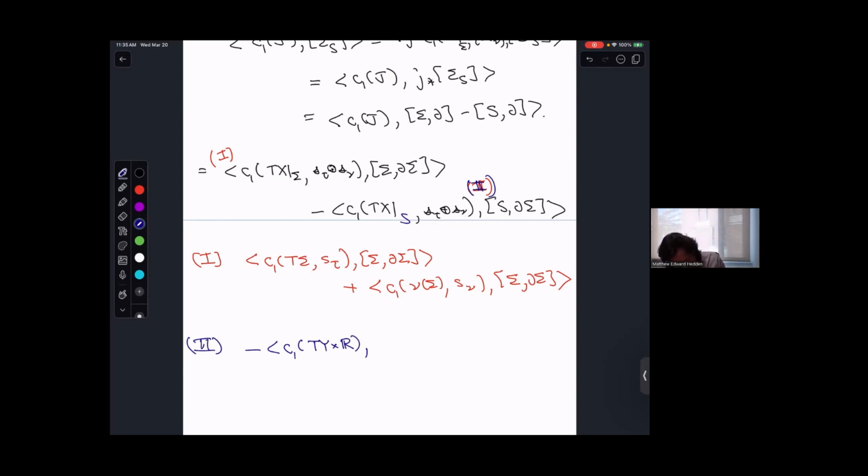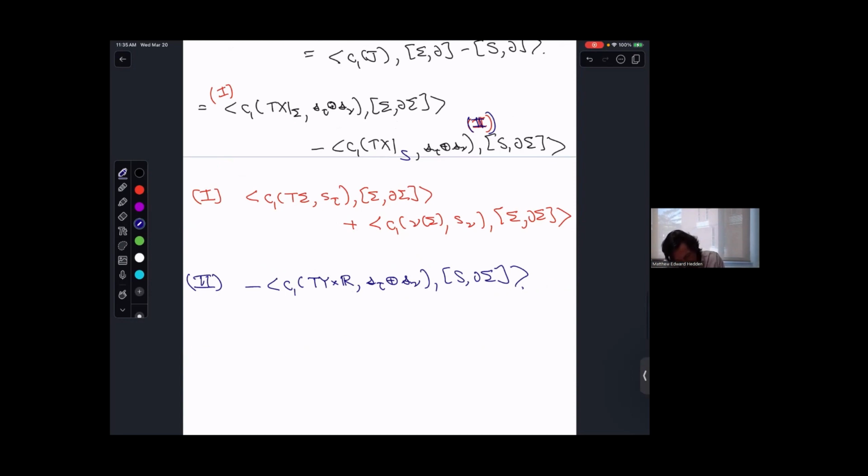And I have a distinguished pair of sections along the boundary there as well. And so this will also turn into a sum of two terms.